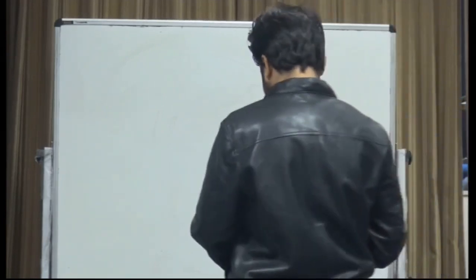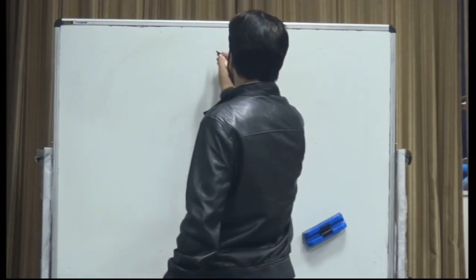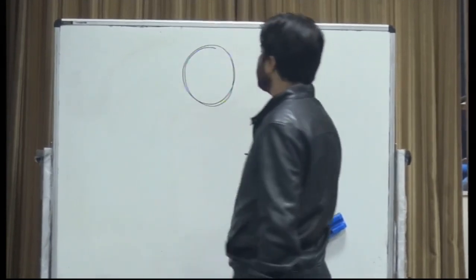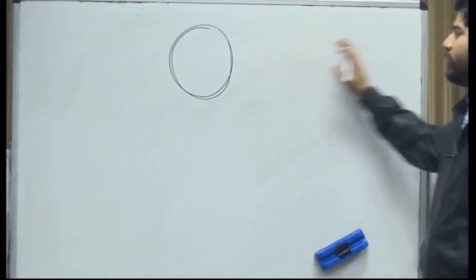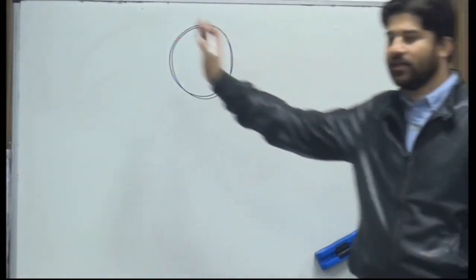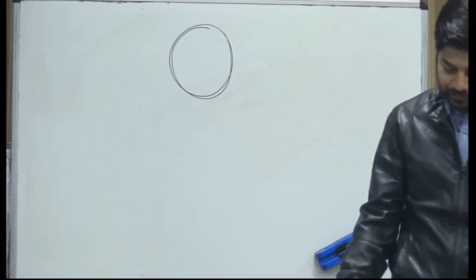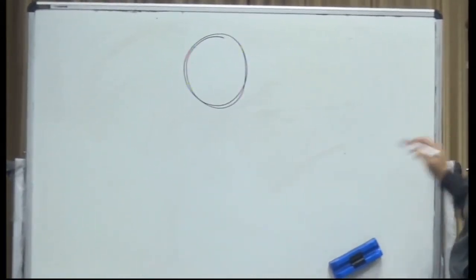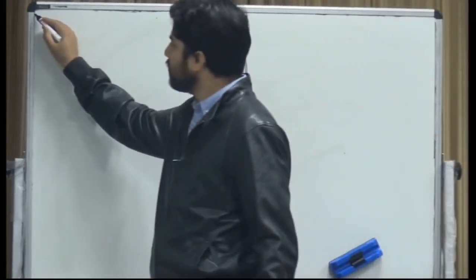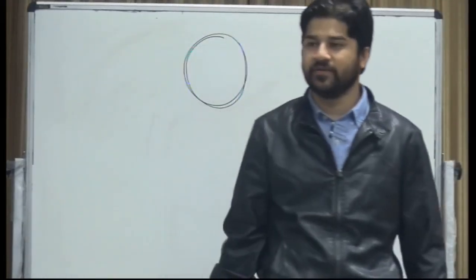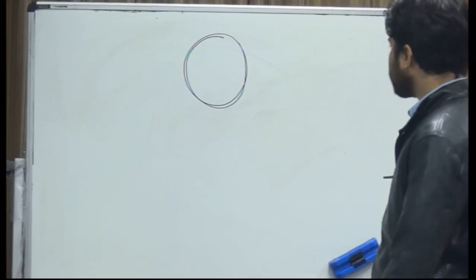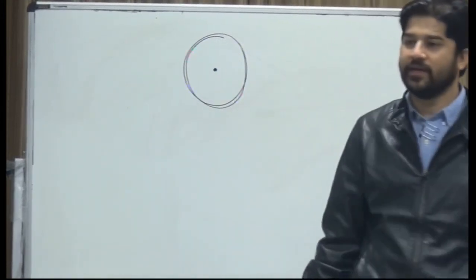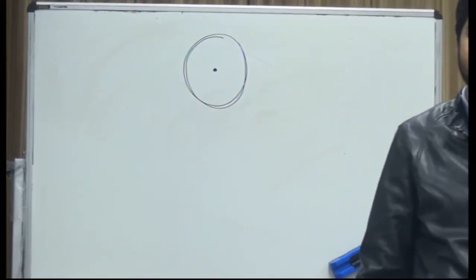When you see a circle, you have two infinities, one at plus infinity and the other on the left hand side, right? At those infinities, you have your directrix. And both the foci are lying here at the center.